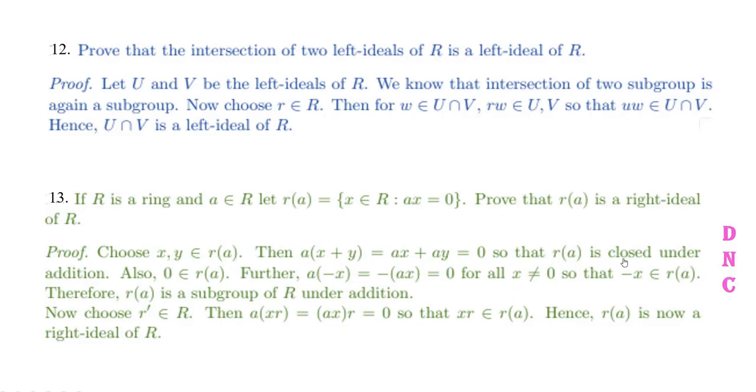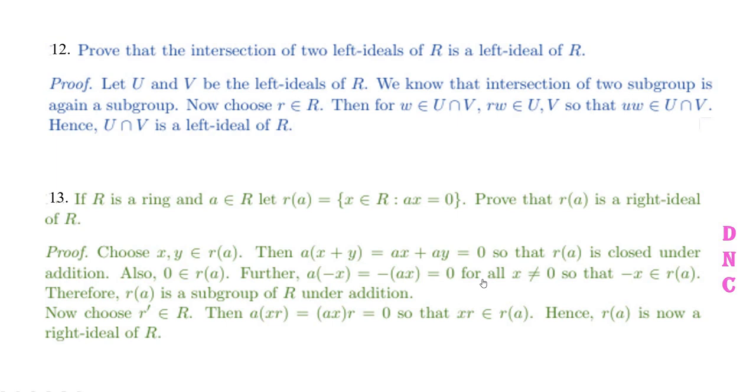So it is non-empty. And then criterion for it to be a subgroup: for x and y in r of a, when we consider, you have ax to be 0, ay also to be 0. So a into x plus y, when we consider, it is ax plus ay. Each one being 0, we have this to be 0. So r of a is closed under addition. Then for inverse, a into minus x, we have minus ax.